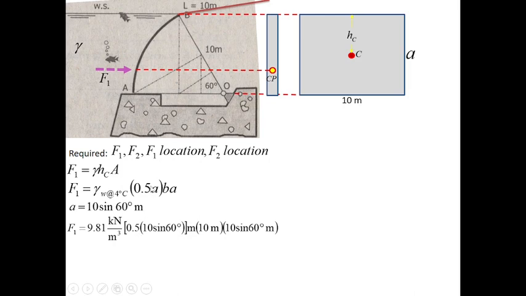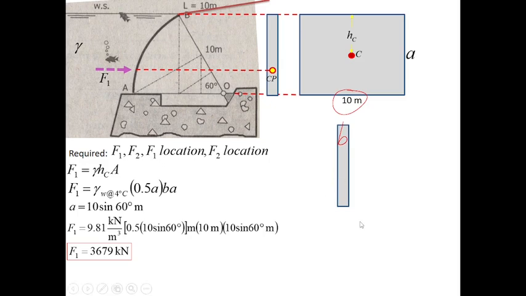Then 1/2 of A, where A is 10 sine 60 degrees, then B is 10 meters. So we will get an answer of 3,679 kilonewtons.